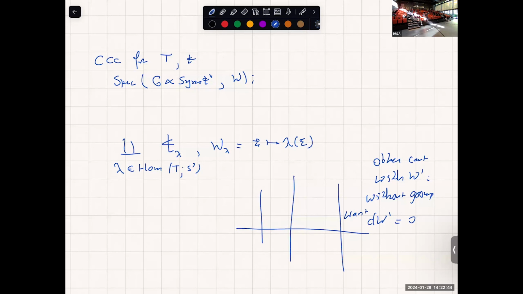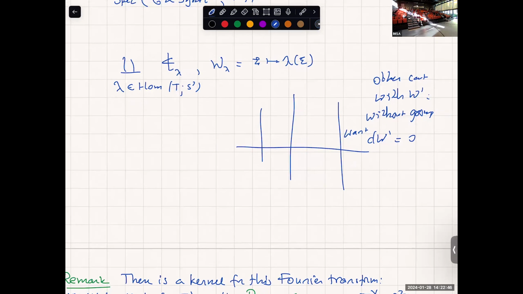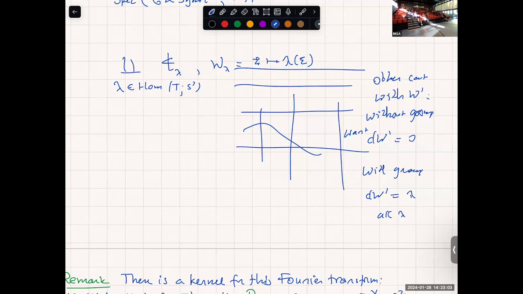But with a group, you have to repeat that on every sheet. So you want dW prime minus W lambda to be 0. So with a group, you're trying to solve for dW prime equals lambda for all lambda. So you're not taking the intersection with 0, but you're taking the intersection with periodic sides, and that's the same as folding it into something periodic. So it's actually not rocket science, that's why the calculation works.